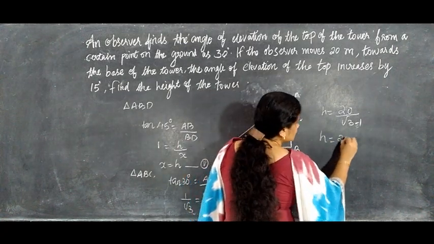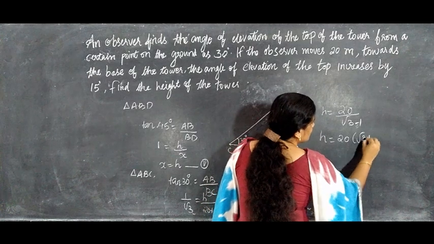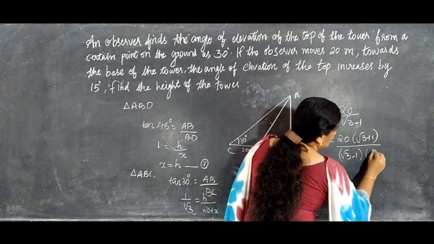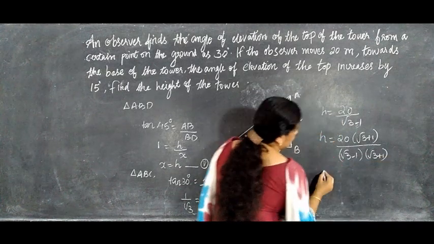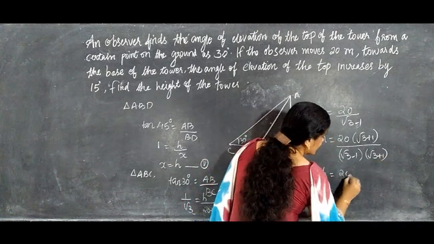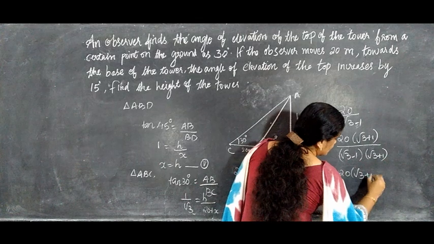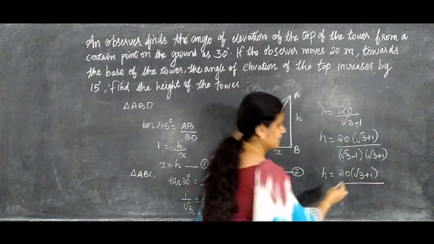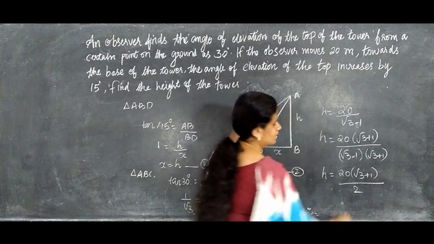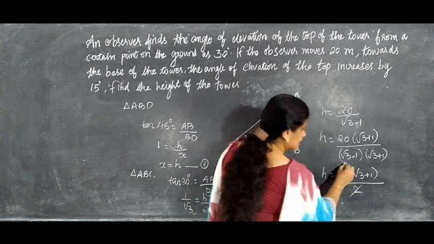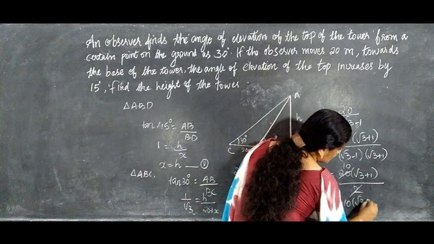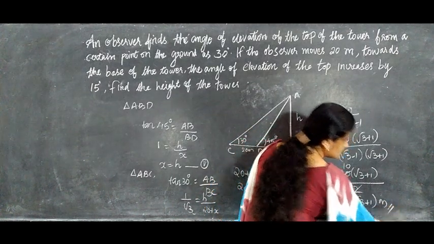H is equal to 20 into root 3 plus 1 by root 3 minus 1 into root 3 plus 1. That is a minus b into a plus b, a square minus b square, that is 3 minus 1 is equal to 2. Therefore, we can cancel this 10, that is H is equal to 10 into root 3 plus 1 meter.